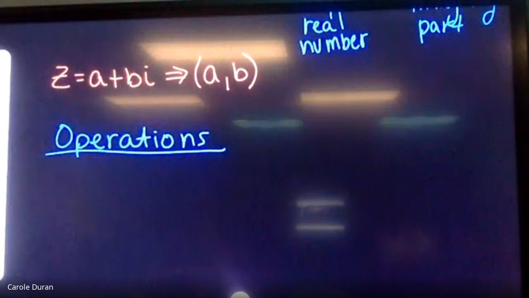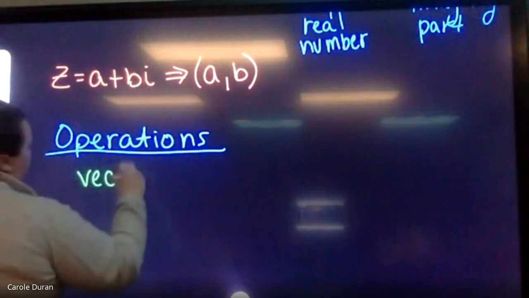So we're going to do two different operations with two different sets of numbers. We're going to start with vectors since we've done that before, and this is a nice little review.